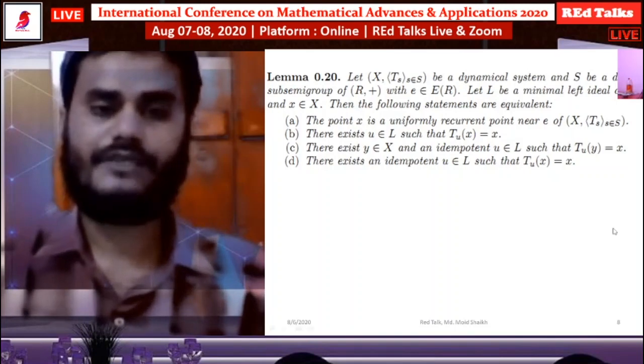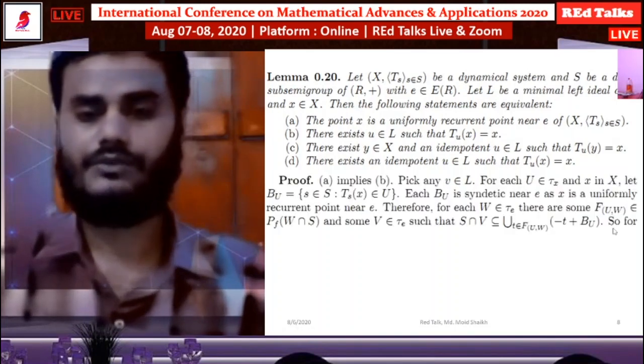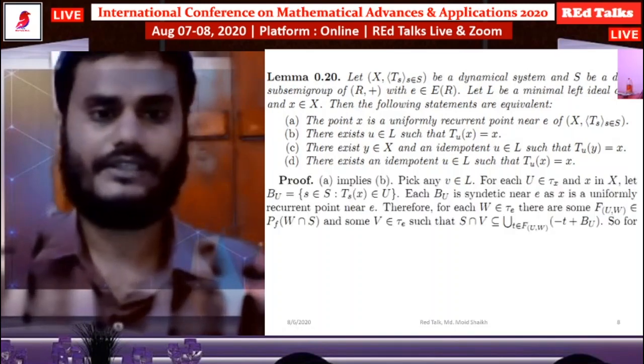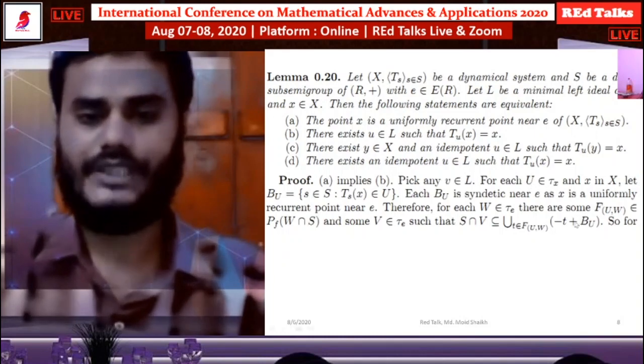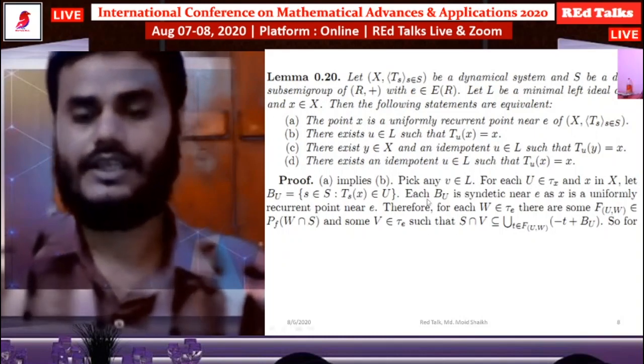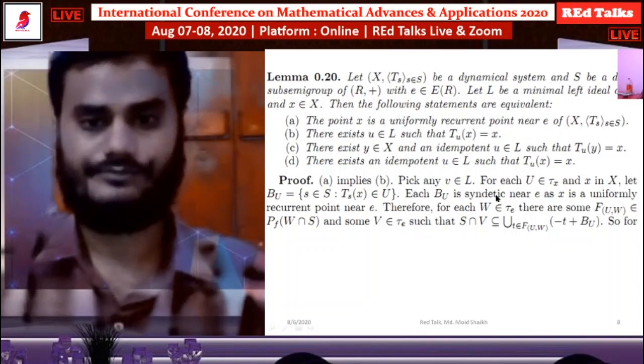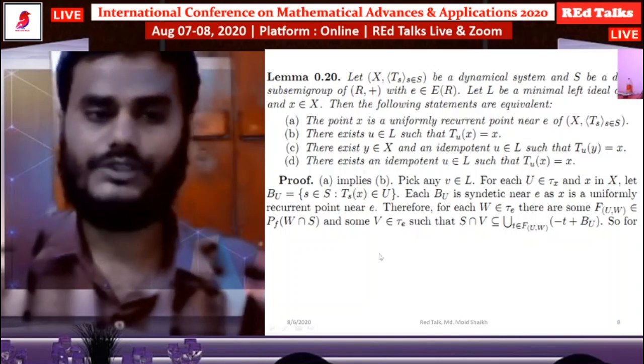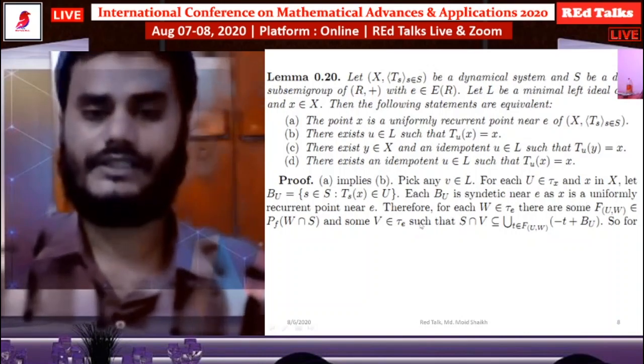A implies B. Pick v belongs to L, and for each U belongs to tau X, x in X, let this set be B_U. Then this B_U is syndetic near E as x is uniformly recurrent. Therefore, we use the syndeticity near 0.